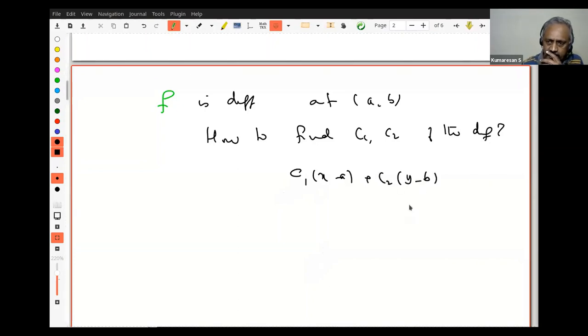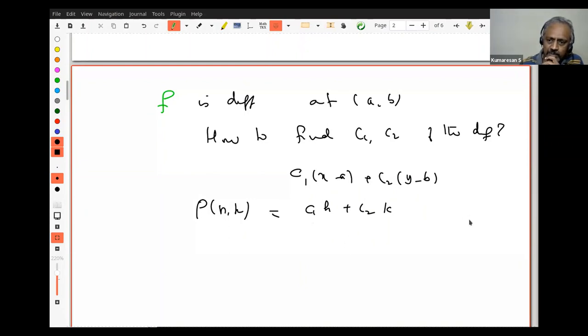Is that clear? Or C1 h plus C2 k. Now ask yourself a question. How will I find them? So you tell me this is a polynomial in h, k. Then I want to find C1 and C2. How do you think I will do that?